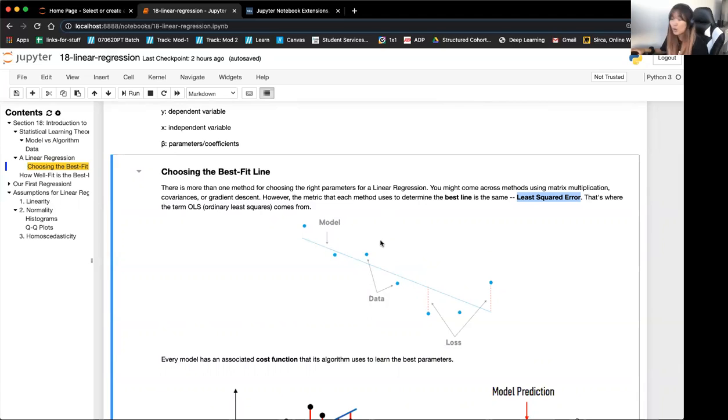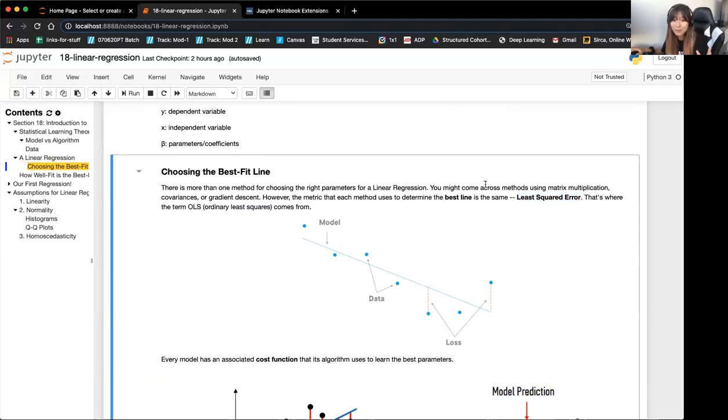So the algorithm calculates the distances between every single data point and the line, finds out what that error value is, and then constantly shifts the beta zeros and beta ones until it finds a best fitting line. Cool.